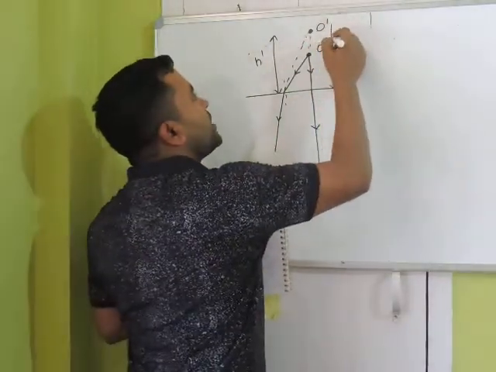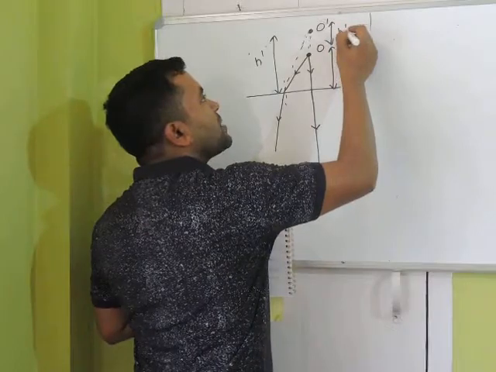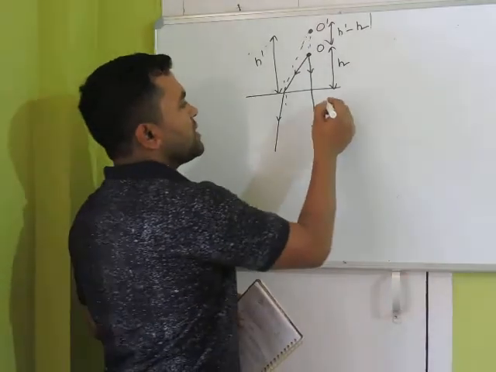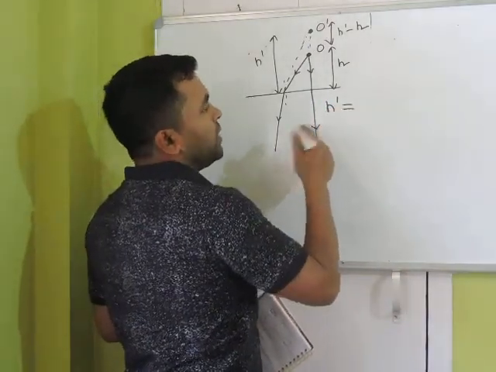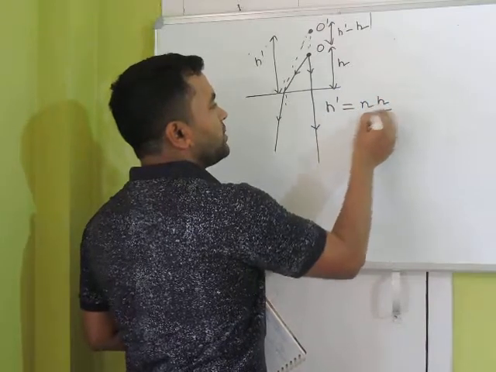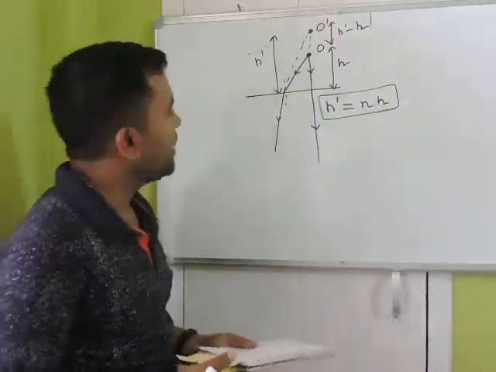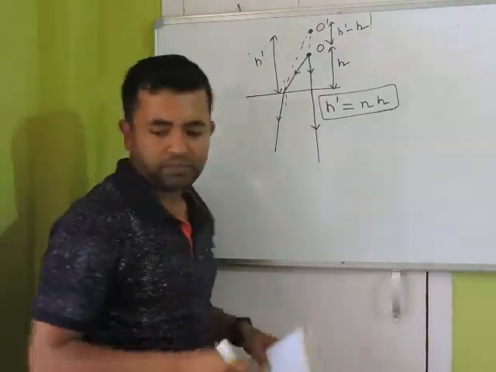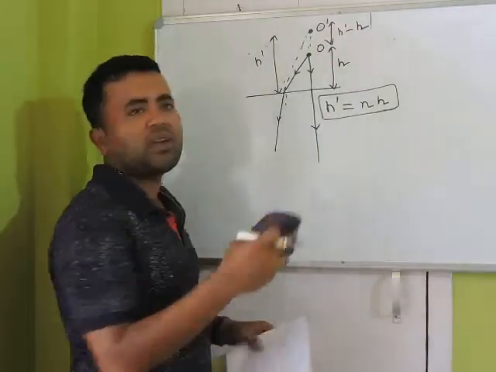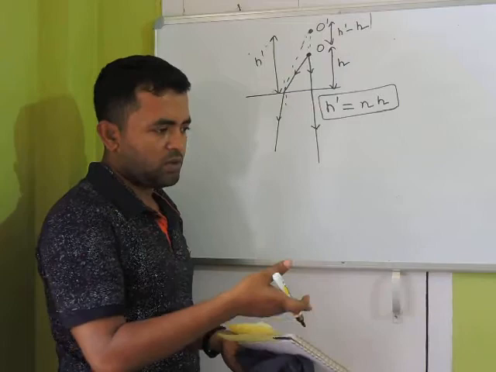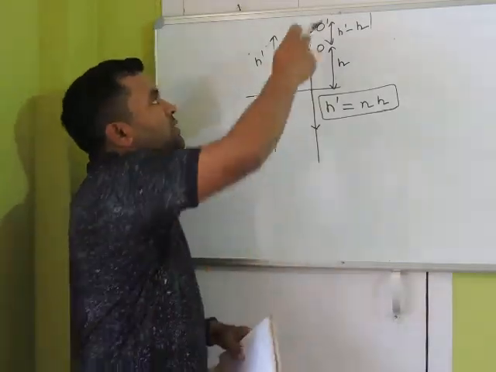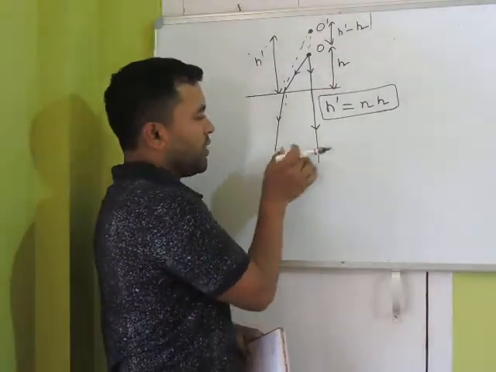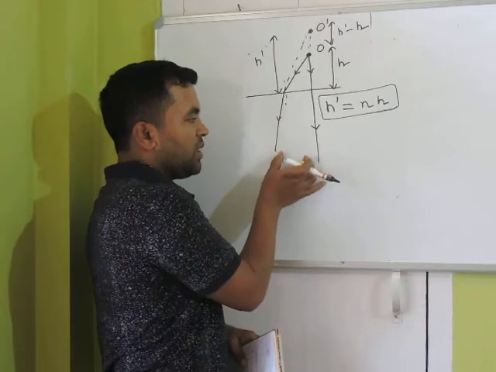Okay, and in this case the apparent shift you can see will be H prime minus H, and in this case H prime will be approximately N times H. Means here H prime is more than H. Okay, this question has been asked in the 2020 board exam, that if the object is in the rarer medium and you are looking from the denser medium, again these two rays look very far apart, but they will be intercepted by your eyes.